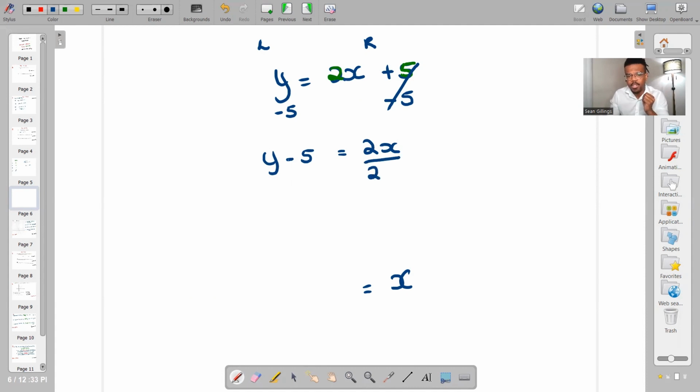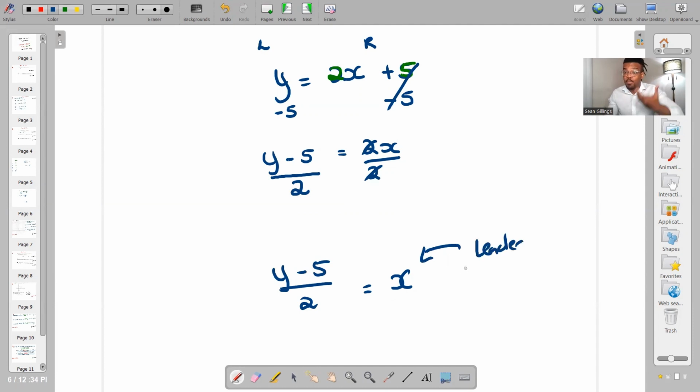I have to divide by 2 to get rid of that 2. What I do to one side, I have to do to the other, all right? Now, be careful here. Remember that you're dividing everything on the left-hand side by 2. Okay, so if you notice, now I've created an expression where x is the leader, all right? And that is you making x the subject of the equation, all right?